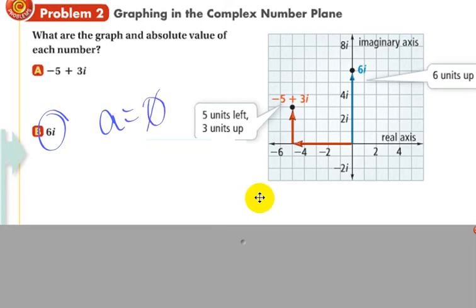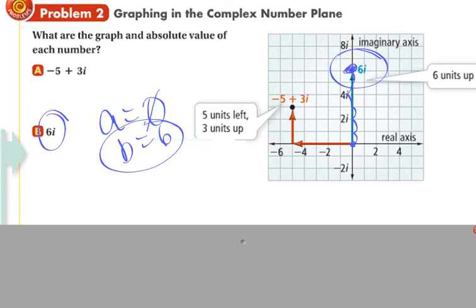So if a is 0 and b is equal to 6, well, let's plot that. To plot it, we're not moving on our x-axis. We didn't move to the left or to the right because it's 0. And now we're just going to move up 6 from that origin. So up 5, 6, right there. Plot the point, and there's your 6i, 6 on the imaginary axis.